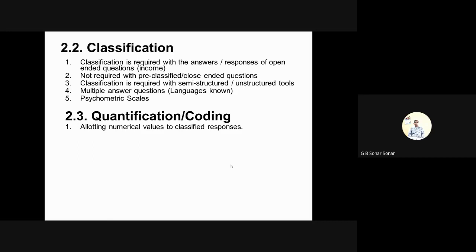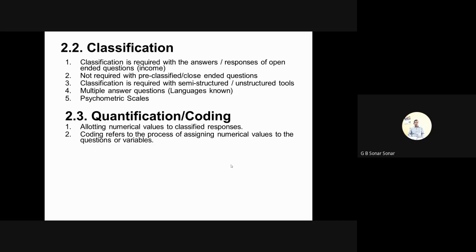Coding refers to the process of assigning numerical values to the questions or variables. So, as I was mentioning, every question we get answer. To the answers, we give codes. For example, what is your gender?